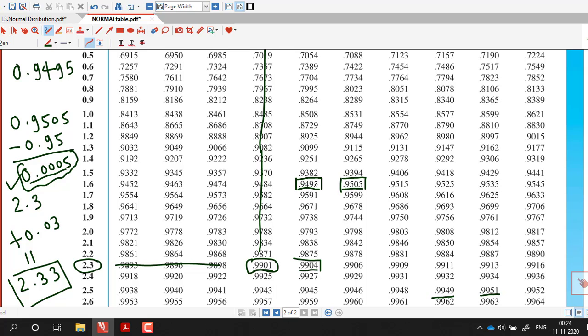So in this case we can take the average of corresponding Z values. The Z value corresponding to 0.9495, this is 1.6, so this is for 0, 1, 2, 3, 4. So this corresponds to 0.04 and this corresponds to 0.05.